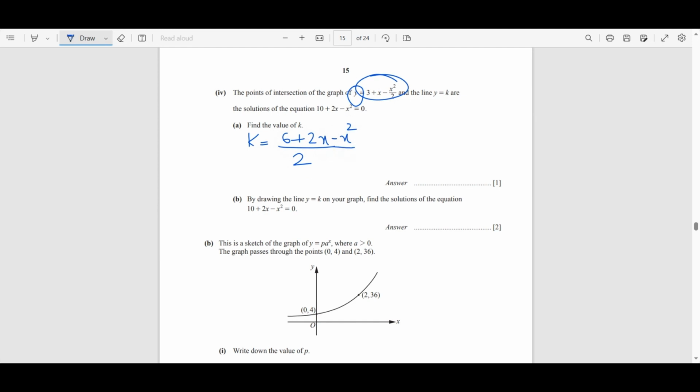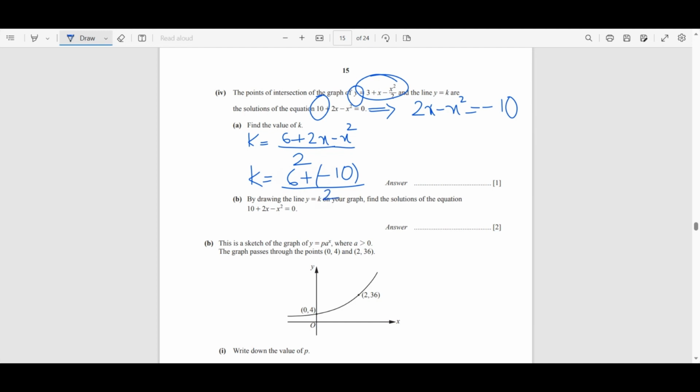Now there is a longer way also, but because we've got less space and it's a 1 mark question, let's look for a shorter method. By manipulating this equation, 2x minus x square should be equal to negative 10. I just moved this 10 to the other side. So substituting this in the value of k gives me 6 plus, instead of 2x minus x square, I'll write negative 10, and the whole thing divided by 2.